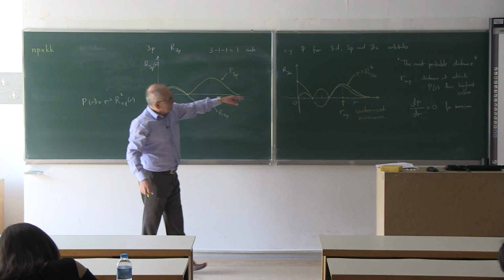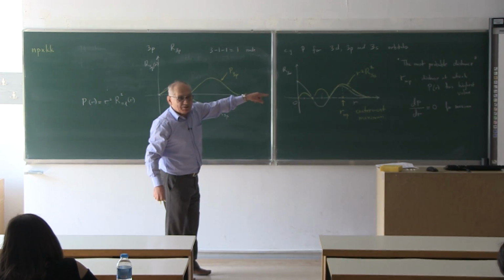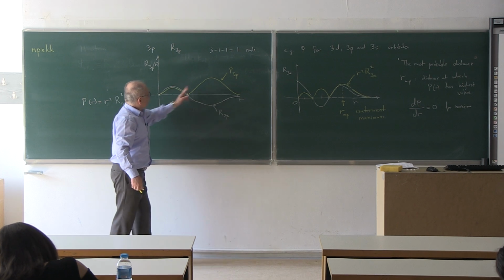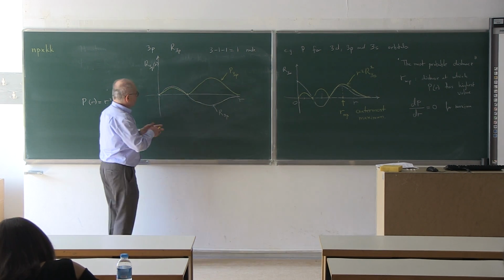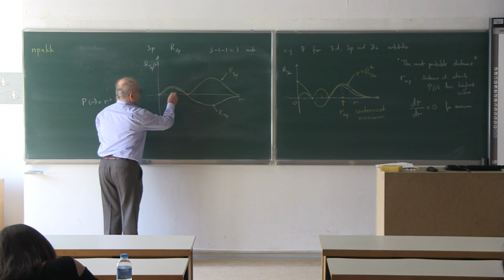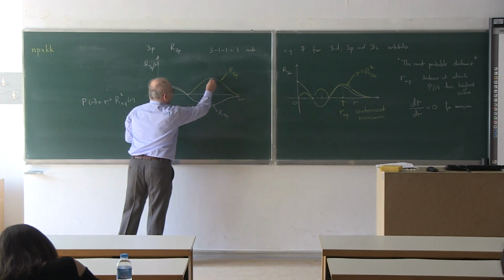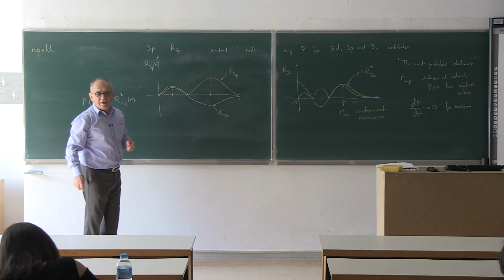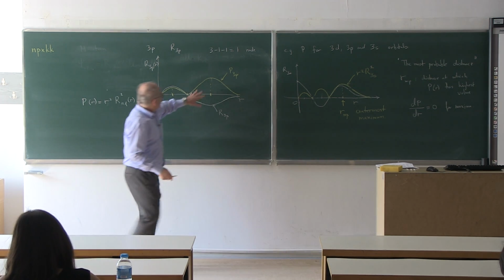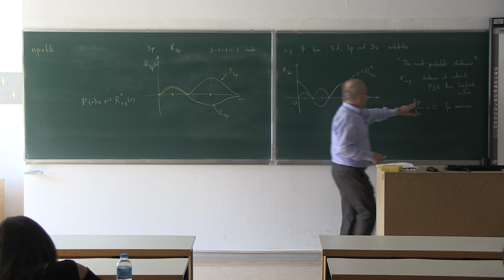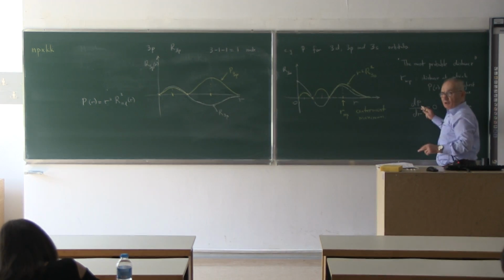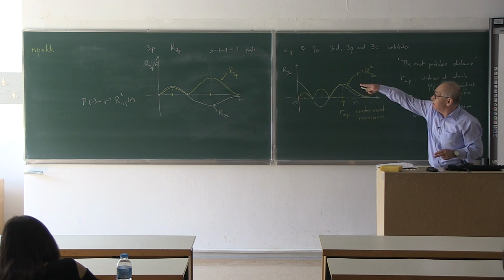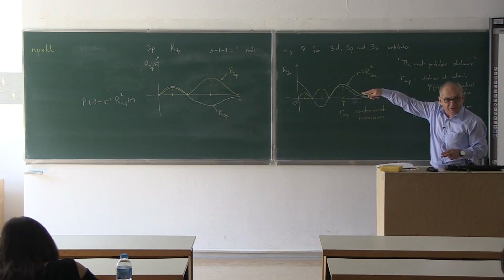Now let us discuss the most probable distance. There are two maxima here. One is this point, and the second is that point. So when we solve this equation for r, how many answers are we going to obtain for the 3p radial function?